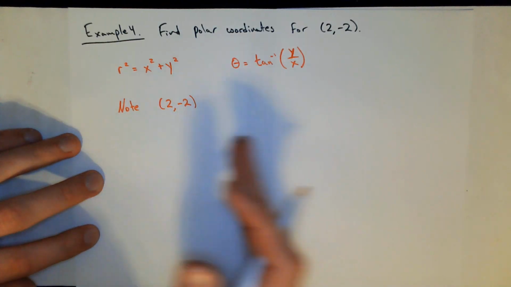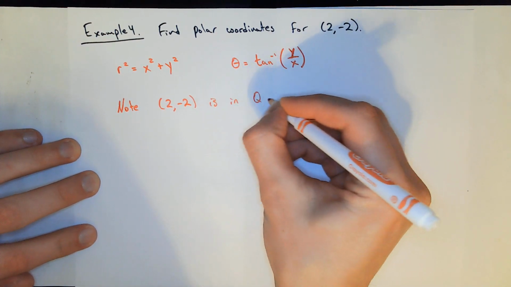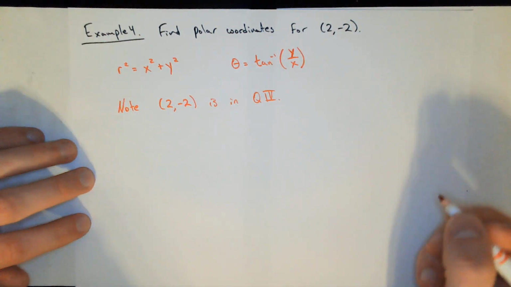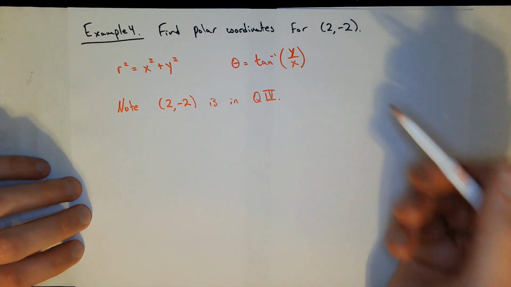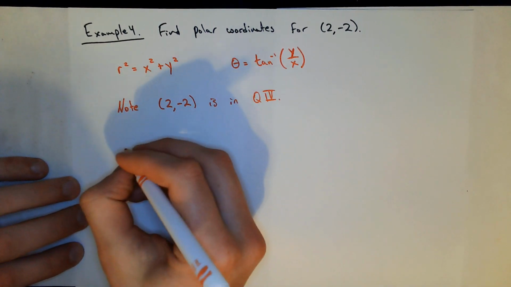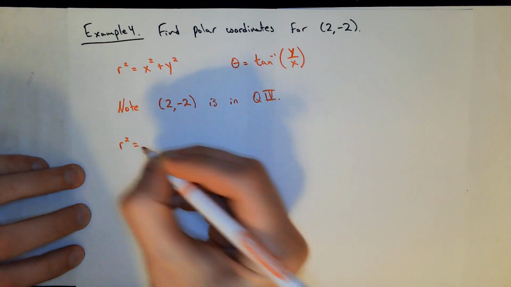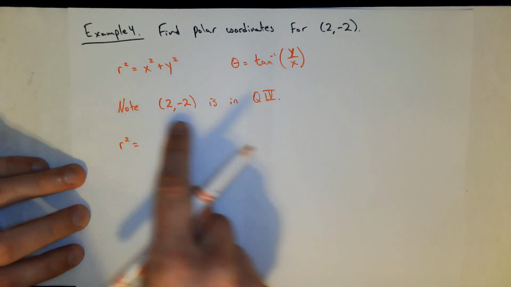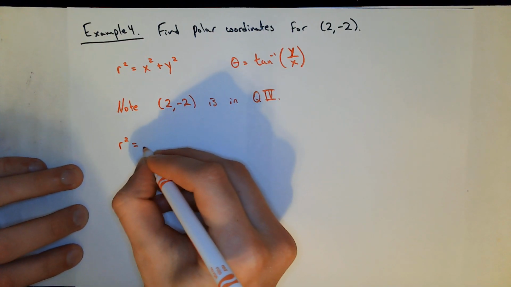Let's see, x is positive, y is negative, so it is in quadrant 4. So I should note that. That'll be helpful in finding the angle. Let's go ahead and find r, which has nothing to do with the angle, but this note is going to be more useful when we find the angle. But anyways, let's find r.